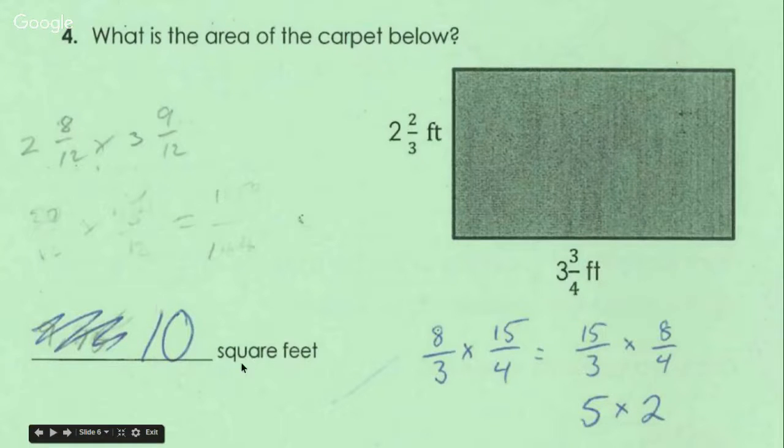So even if you didn't switch the numerators around, which for this problem was extremely helpful, you still were able to get 120/12 and simplify that into our 10 square feet. Of course, we already have our label, but don't forget that area is square area, so we needed square feet, not just feet, as our label for number 4.